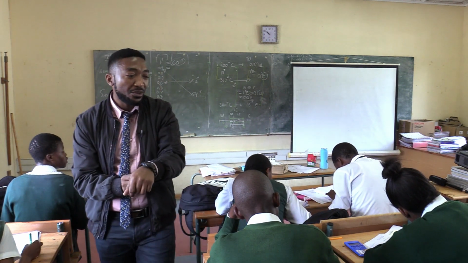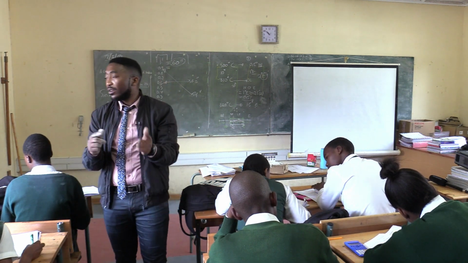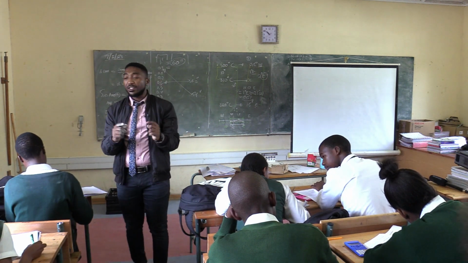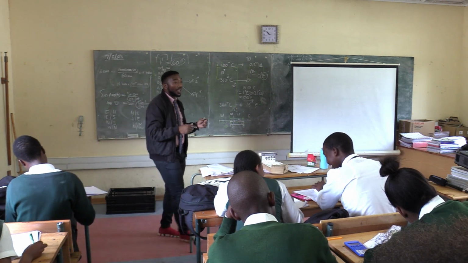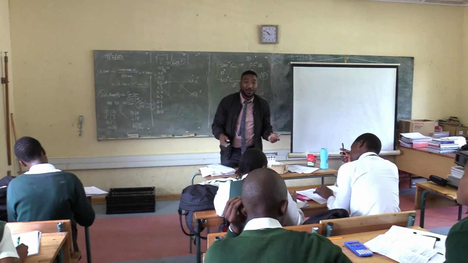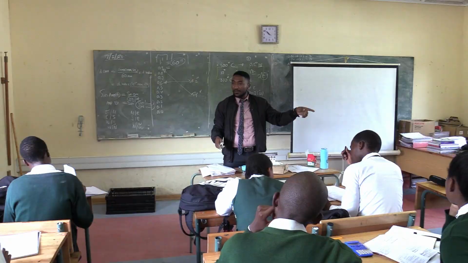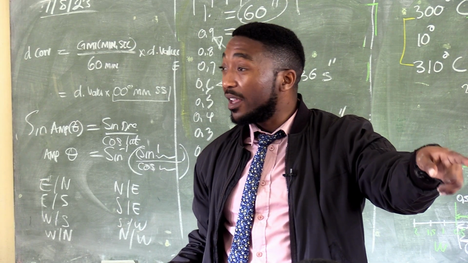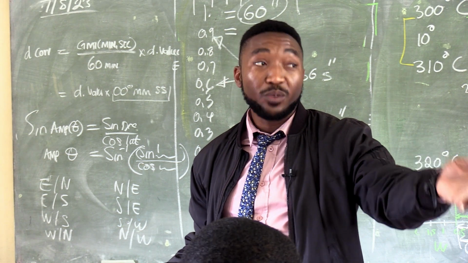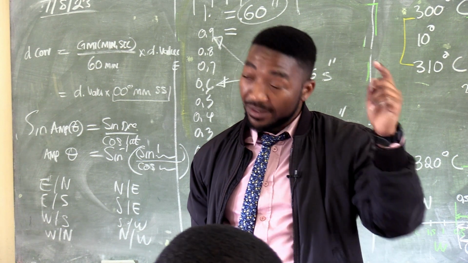The reason I'm saying instrument is the difference between an instrument and equipment. An instrument does not rely on a constant power supply, but equipment relies on a constant power supply. Is my projector here an instrument or equipment? It's equipment. Why? Because if there is load shedding, there is no projecting. It requires constant power supply.